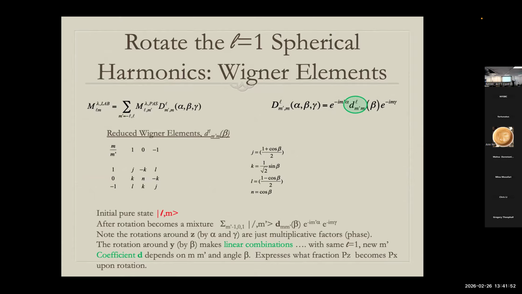We're summing B, M prime, M. These are all L equals 2. Right now we're calculating, I'm sorry, L equals 1. What do we know? We're calculating the M11 element.